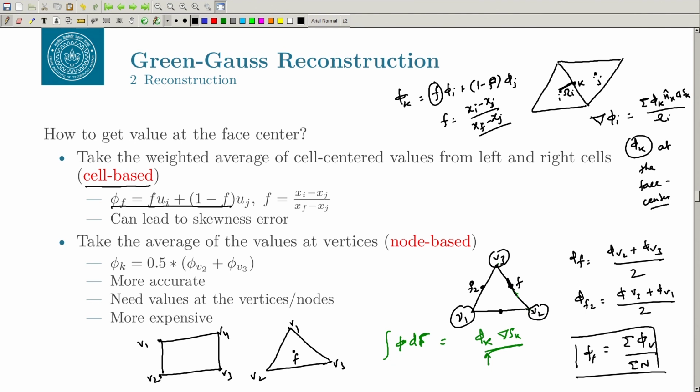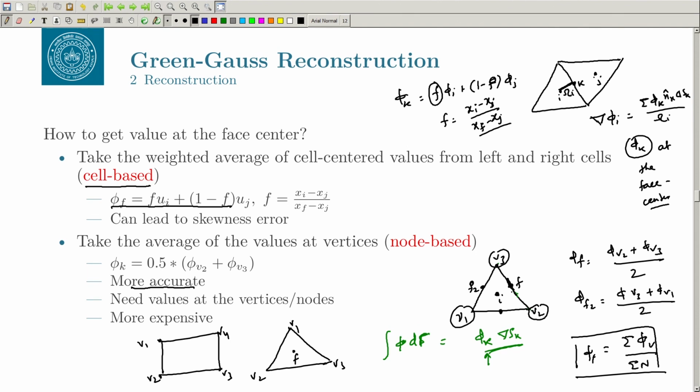So, this is more accurate because you are doing node based calculation. If you know the value of nodes and if you have estimated it well enough, the average of that will always come at the center. This is more accurate, but it requires values at the vertices. Remember, in the cell based finite volume approach that we are following, we are storing the values at the cell center, here at my I. We are not storing the values at the vertices.